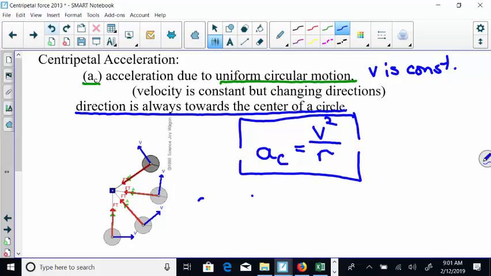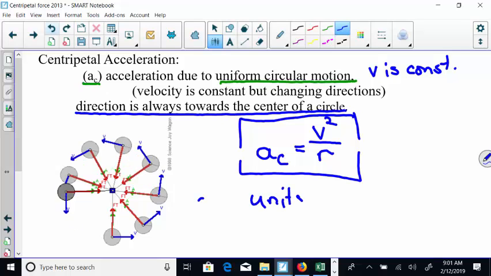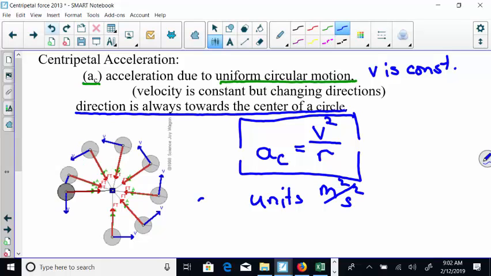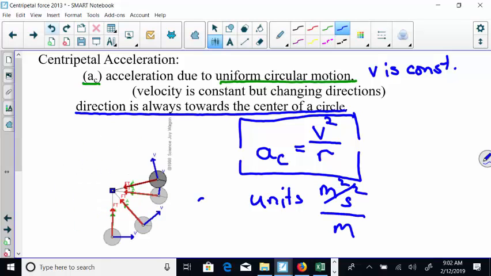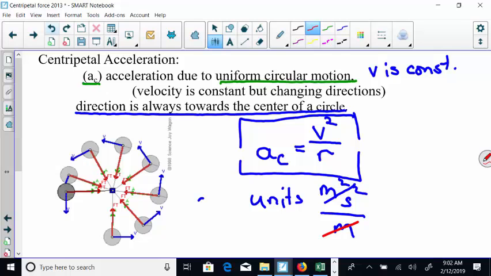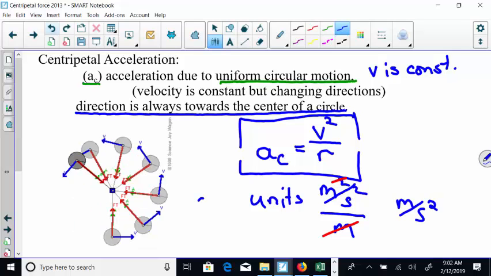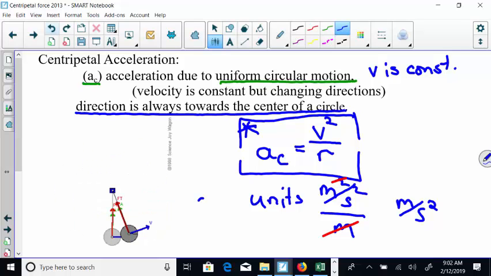If we look at the units of this, you would have meters squared per second squared all over a meter, and one of the meters would cancel. So that gives you your acceleration units of meters per second squared. It's a fairly simple plug and chug equation right now, and that's what you're going to be doing for homework.